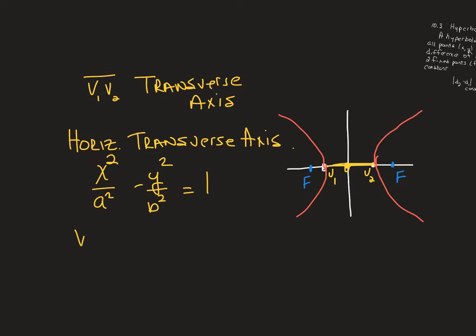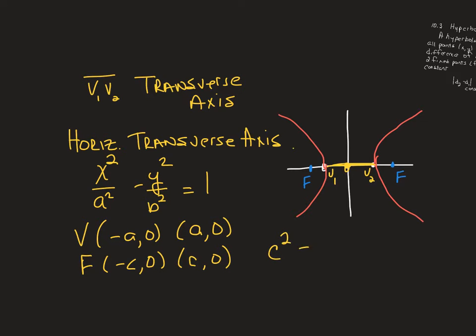Our vertices will be at the points negative a, 0 and a, 0. Our foci will be negative c, 0 and c, 0. And this time c squared is a squared plus b squared.